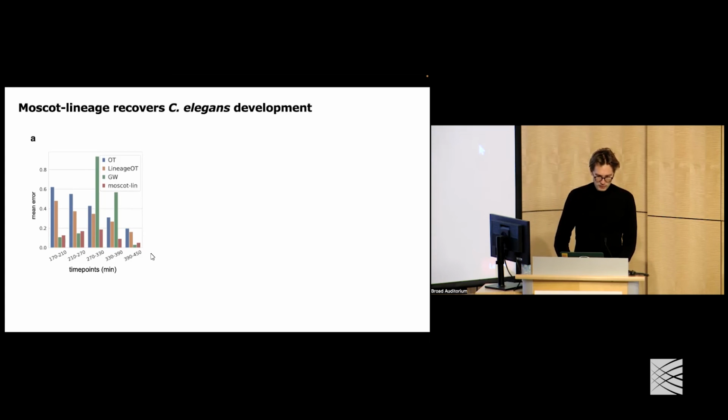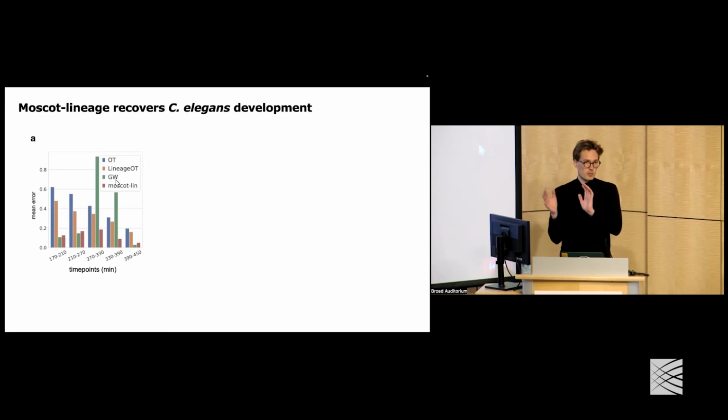These are time points past fertilization in minutes. And again, we used the mean error because we have access to the ground truth lineage tree in this simple animal to make comparisons. So we compare OT, classical optimal transport, which corresponds to alpha equals 0 in our moscot-lineage model. So that would only make use of transcriptomic information. Lineage OT as before.